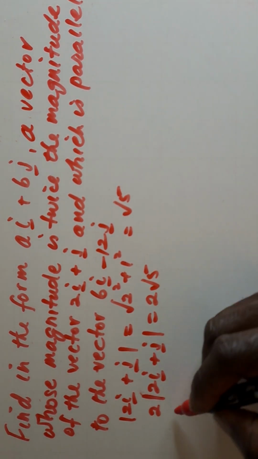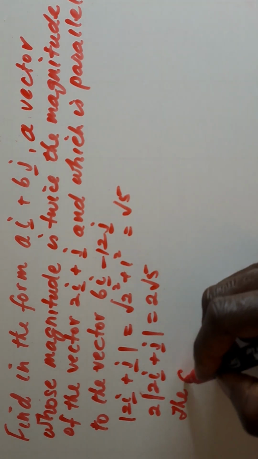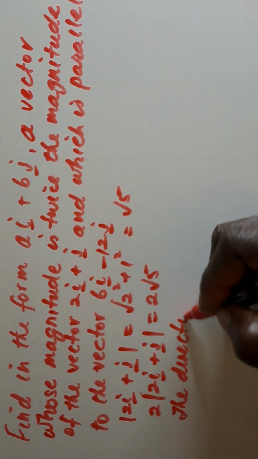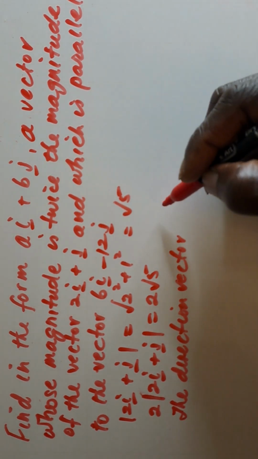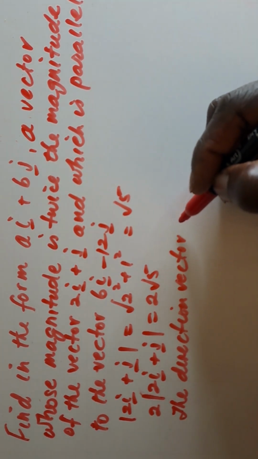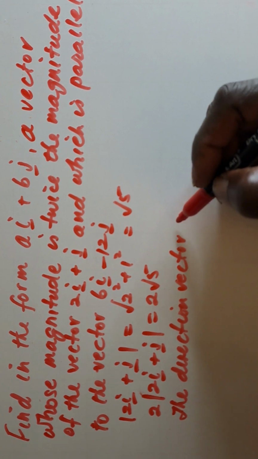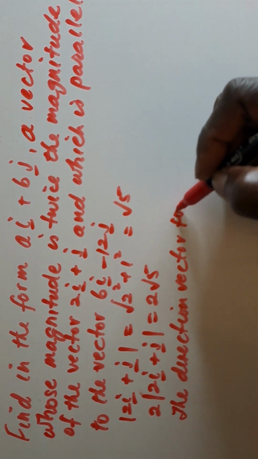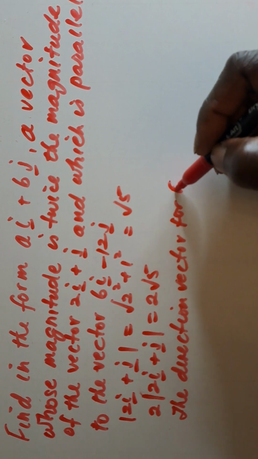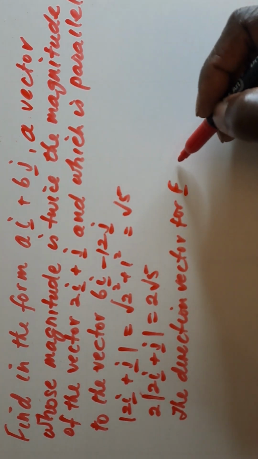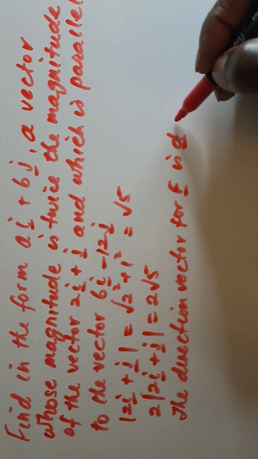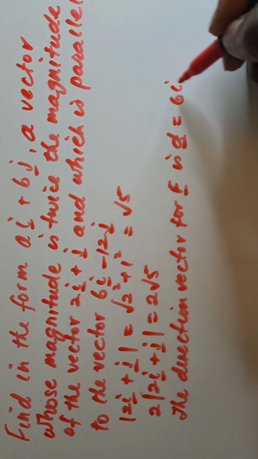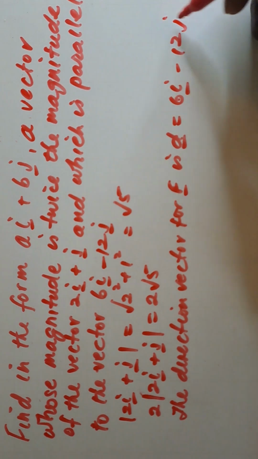The direction vector, we'll call it f. So force, we'll call it a force, is d, which we're given as 6i minus 12j.